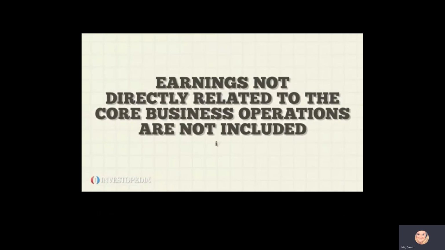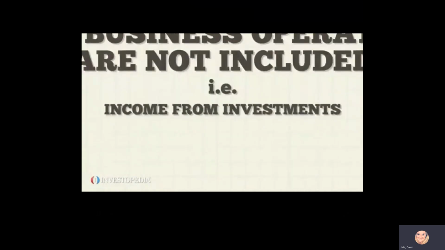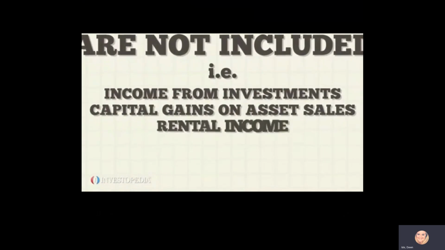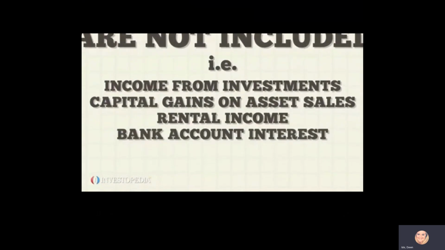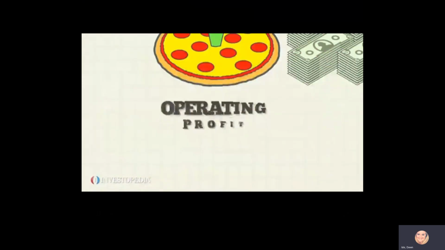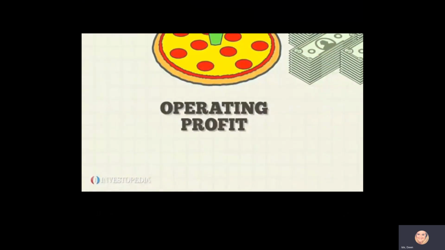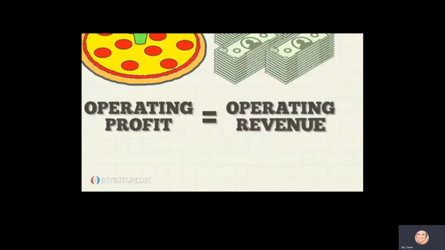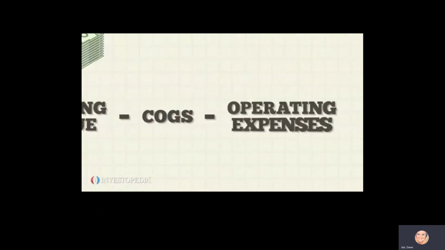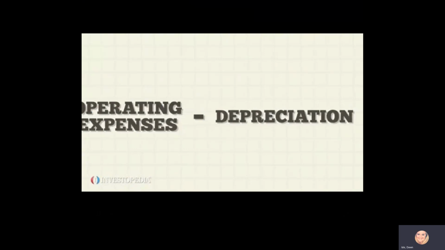Remember, earnings not directly related to the core business operations are not included when calculating operating profit. The earnings left out of the calculation are income from companies' investments, capital gains on asset sales, rental income, bank account interest, and miscellaneous earnings like fees, dividends, and so on. Operating profit equals operating revenue minus cost of goods sold, COGS, minus operating expenses, minus depreciation.